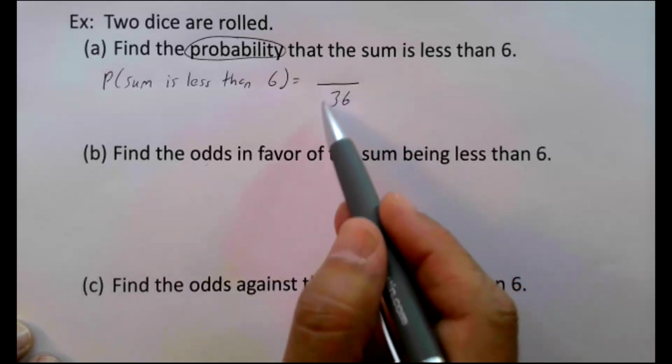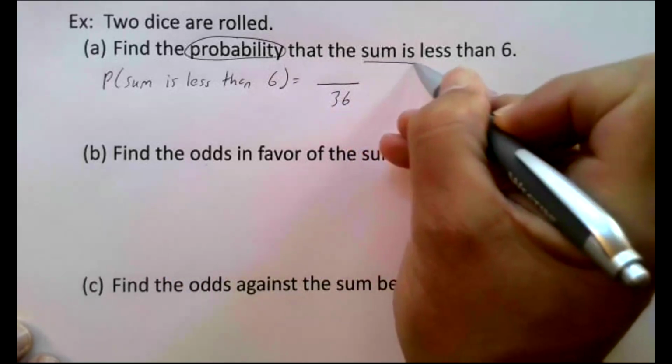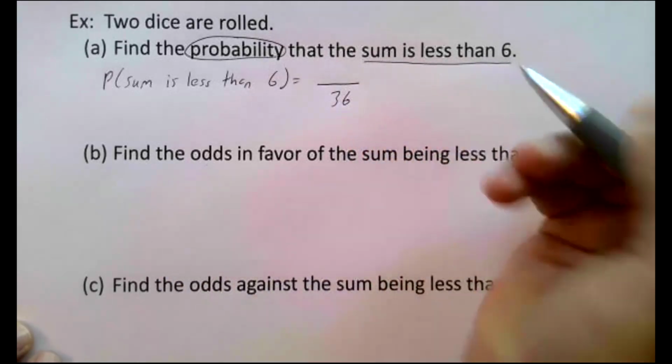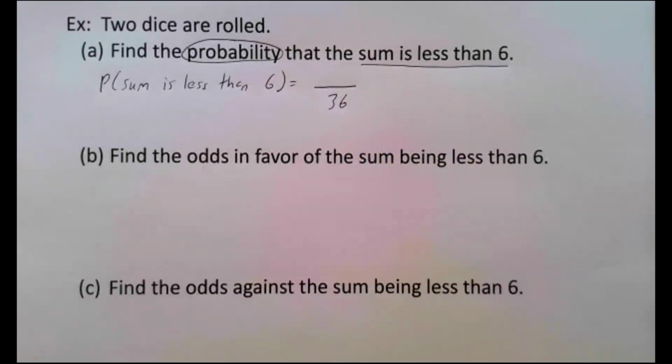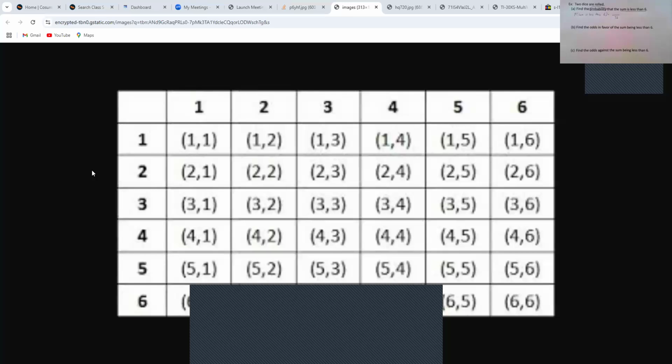But now the question is, out of those 36, how many of them add up to a total that is less than 6? Less than 6 would be 5 or less. So you need to go to the rolling 2 dice picture and count how many of them add up to something less than 6.